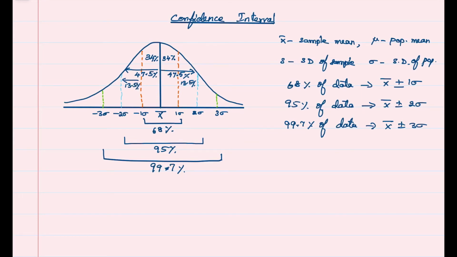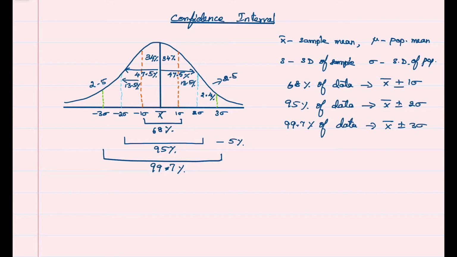So, if we say 95% confidence interval, the remaining is 5%. So, 2.5% of the data will be above 2 sigma and 2.5% of the data will be below minus 2 sigma. We will split this 2.5 approximately as 2.4 and 0.15.